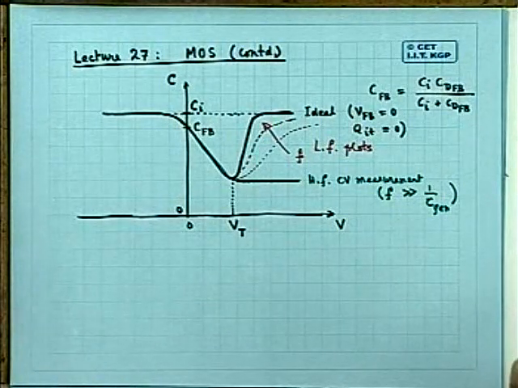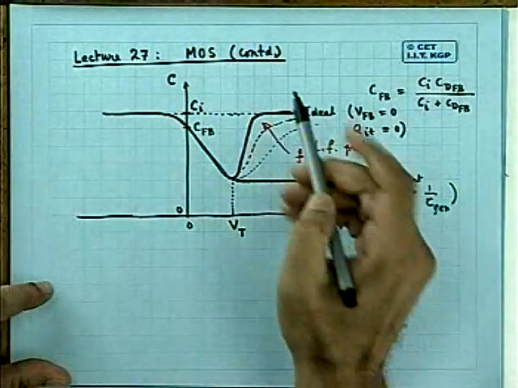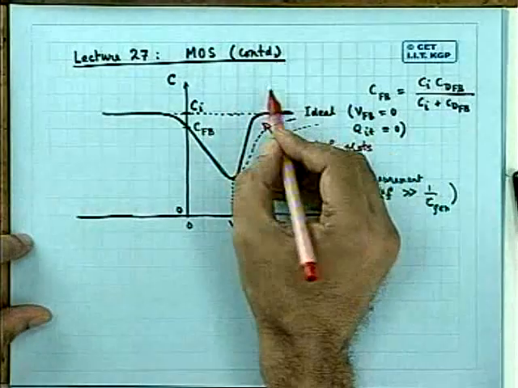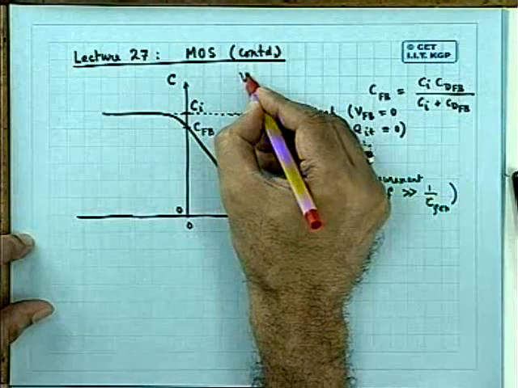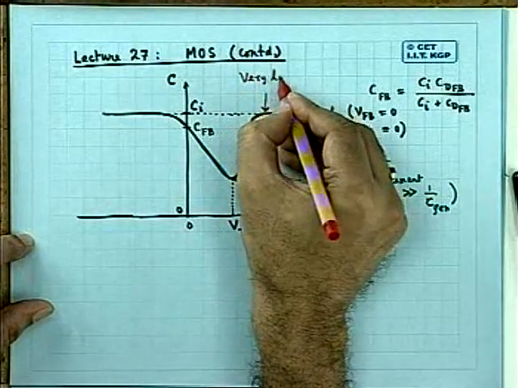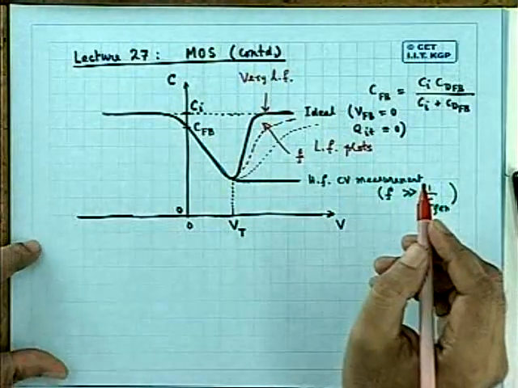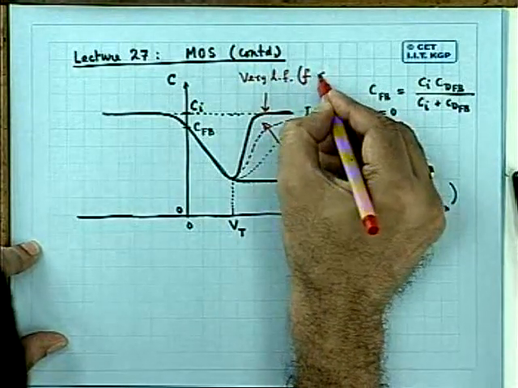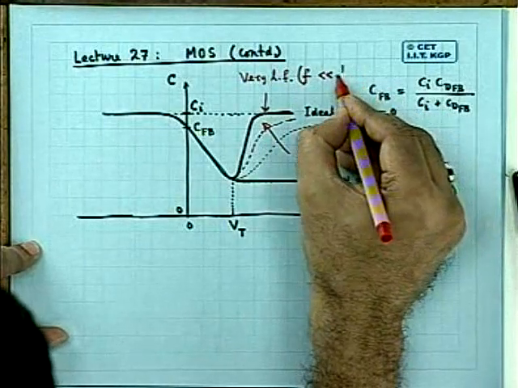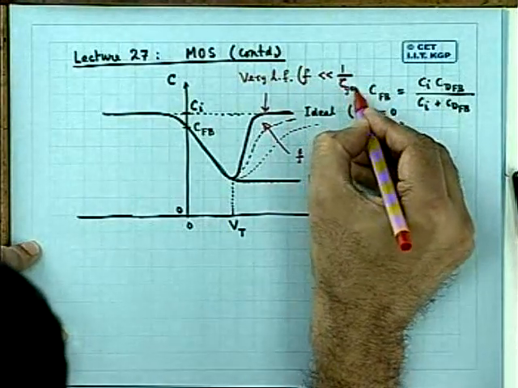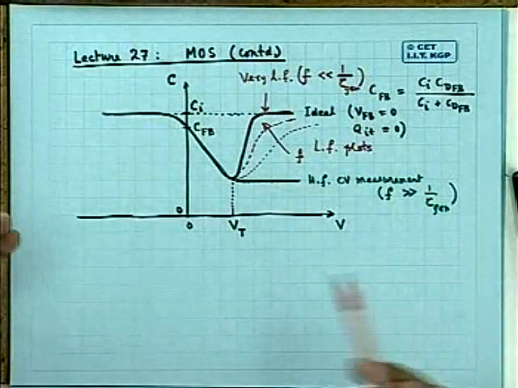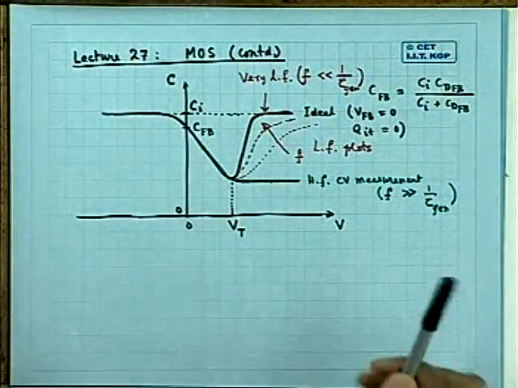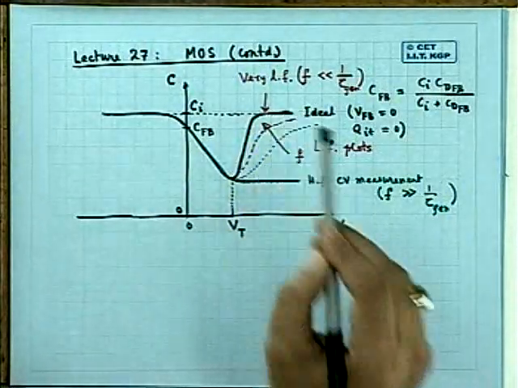For this particular case, the very low frequency plot, the frequency is very, very small compared to tau generation. This is a very important thing. But let me tell you, the actual curves may not be exactly coincident with the ideal.